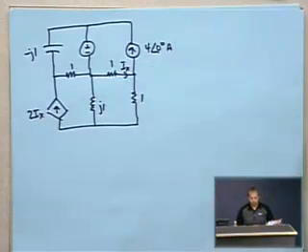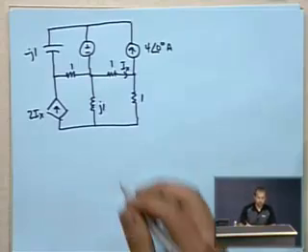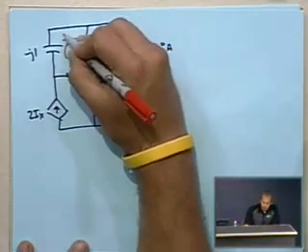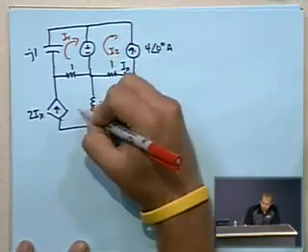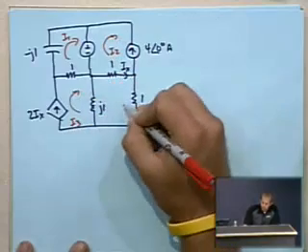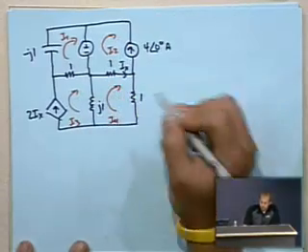So that's the circuit. So let's do a mesh analysis because that one seems to me to be just as easy as anything else. So here's current I1, here's current I2, current I3, current I4.